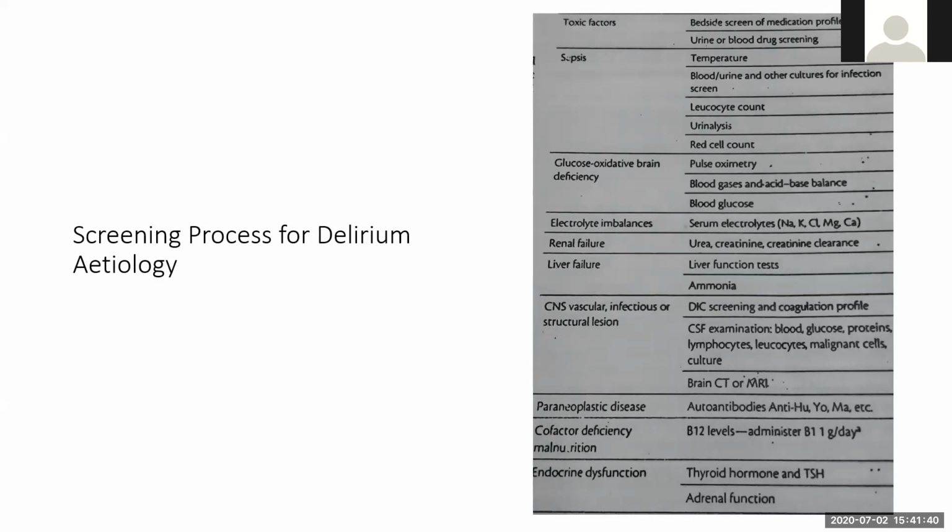Then others like urine analysis, complete blood count, which will tell you if the patient is having sepsis. Acid-base balance issues can also precipitate delirium. A good ABG will also tell you quite a bit.